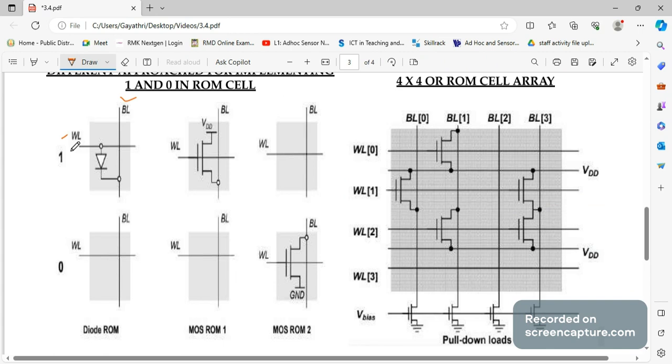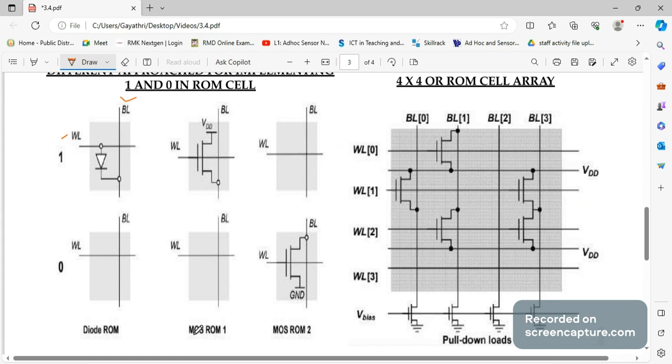If a diode is connected between this word line and bit line, then that is state 1 in your diode ROM. If nothing is connected between your word line and your bit line, then that is called state 0 in diode ROM.